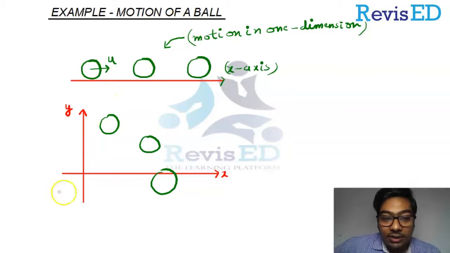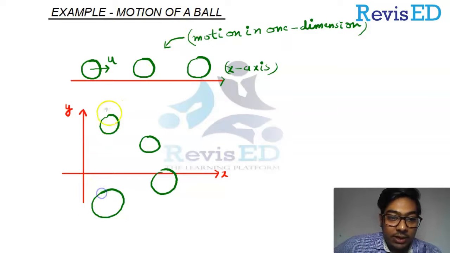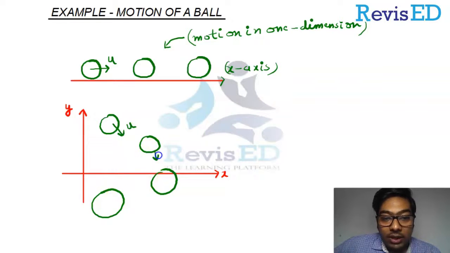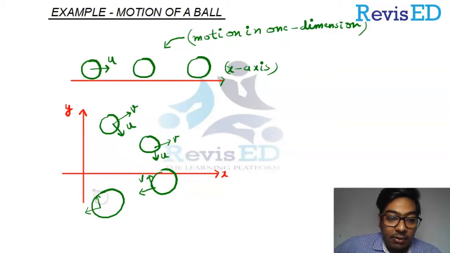Let me draw more clearly. If the velocity of the ball is u, then throughout the motion the velocity is u as well. Of course, there will be another component of velocity for each position of the ball, that is named v.